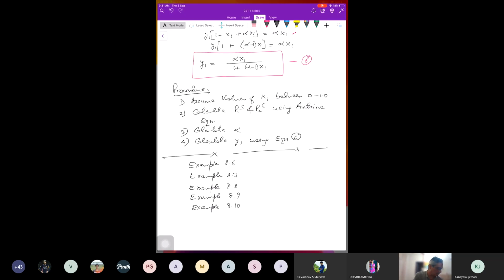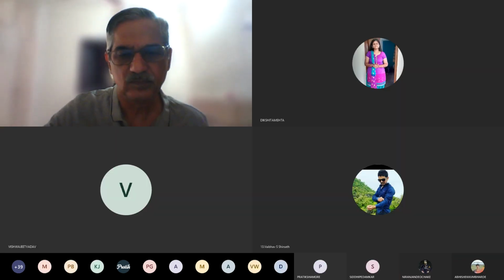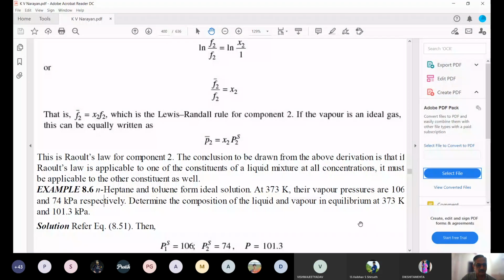Okay, so let's see. So can you see this problem? Yes, sir. Okay. So example 8.6: n-heptane and toluene form an ideal solution. At 373 Kelvin, the vapor pressures are 106 and 74 kPa respectively. Determine the composition of liquid and vapor in equilibrium at 373 Kelvin and 101.3 kilopascal.